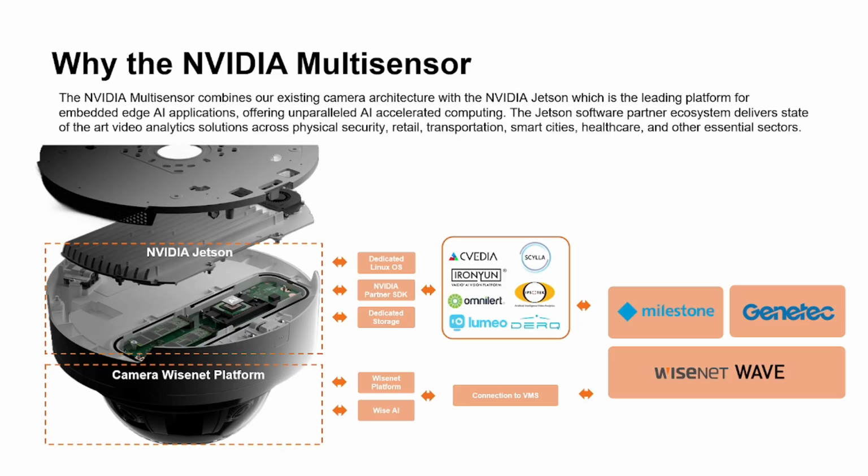Then you also have the NVIDIA Jetson portion, which is a full Ubuntu Linux operating system. So this is essentially a full server running out on the edge with the GPU for running these different AI platforms. In this case, we're running WiseNet Wave, and we have our NVIDIA plugin that goes right into Wave that can run additional AI on non-AI cameras.